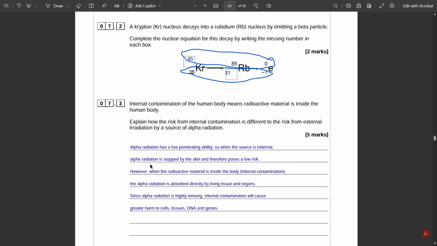However, when the radioactive material is inside the body, aka internal contamination, the alpha radiation is absorbed directly by living tissue and organs. And since alpha radiation is highly ionizing, internal contamination will cause greater harm to cells, tissues, DNA, and genes, and overall cause a large risk of death.